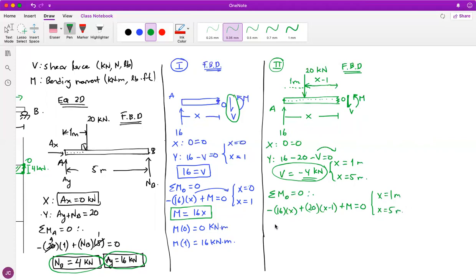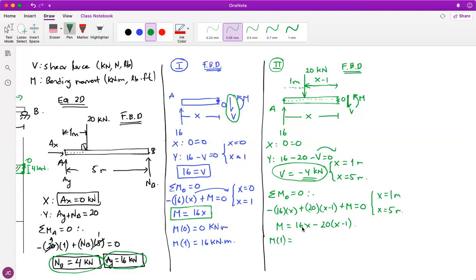Therefore, what you will get over here is M equals 16x, passing this guy as positive the other way around. And I'm going to pass this positive guy all the way to the right-hand side as minus, so minus 20 times x minus 1. My suggestion is to leave the parentheses, because it will be easier to see zeros. Let me tell you what I mean. Now you need to compute this equation when x is 1.